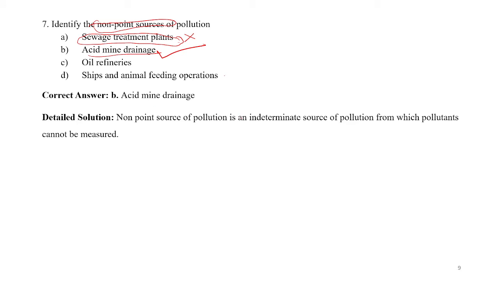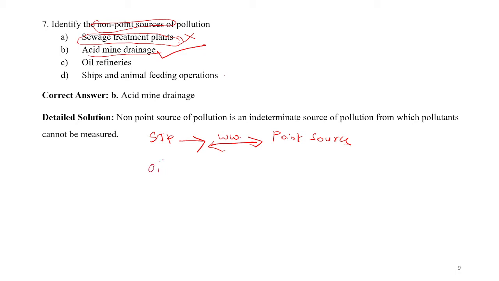Non-point source of pollution is an indeterminate source of pollution from which pollutants cannot be measured. So let us have a look at sewage treatment plant, STP. From here we know how much wastewater, or how much pollution, is there in that wastewater. So definitely A is a point source. We will come back to B option later.